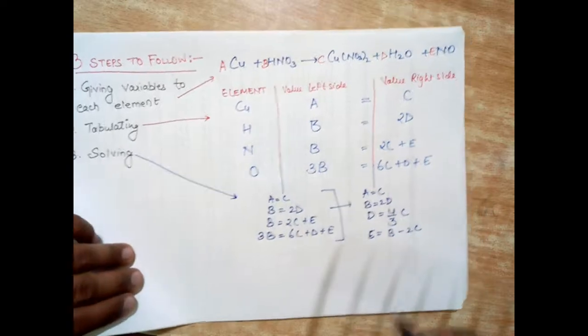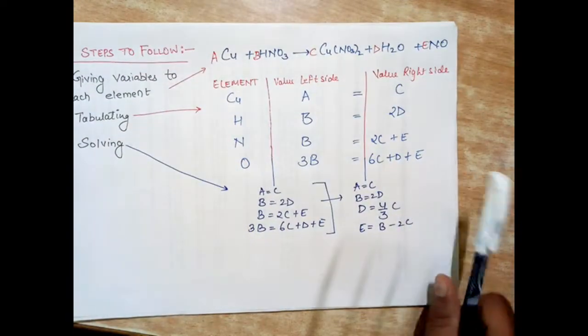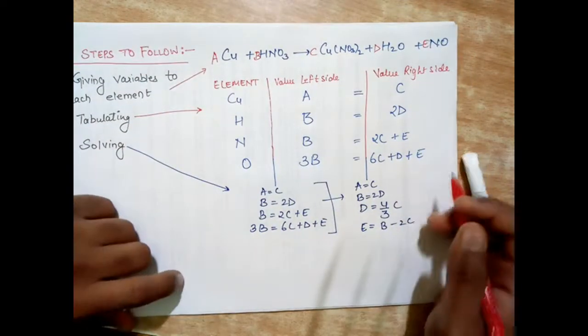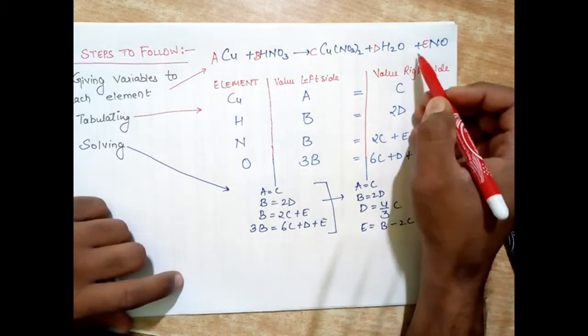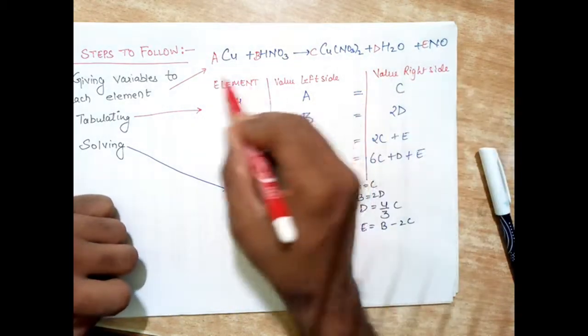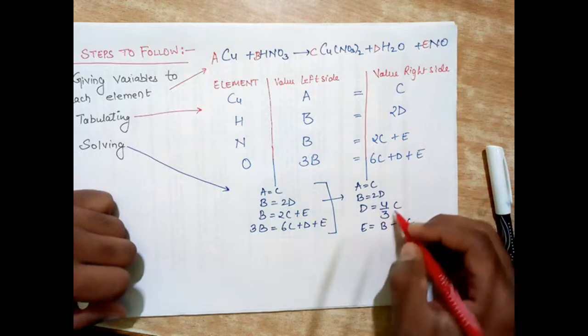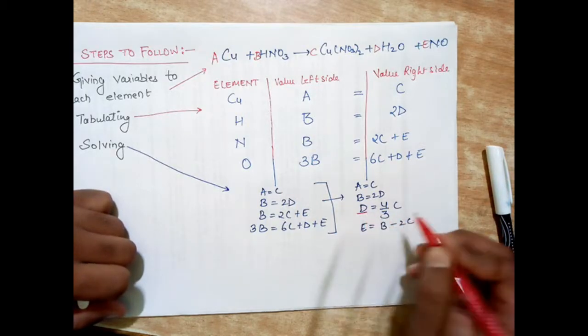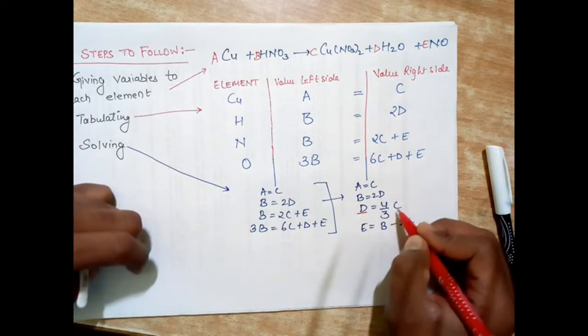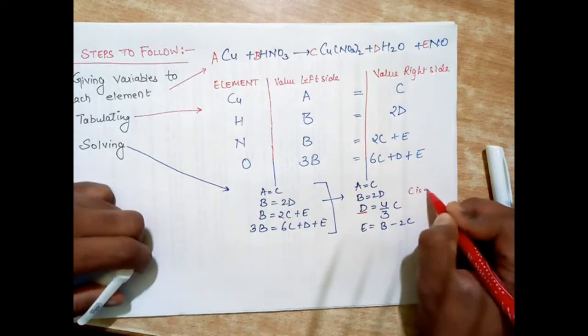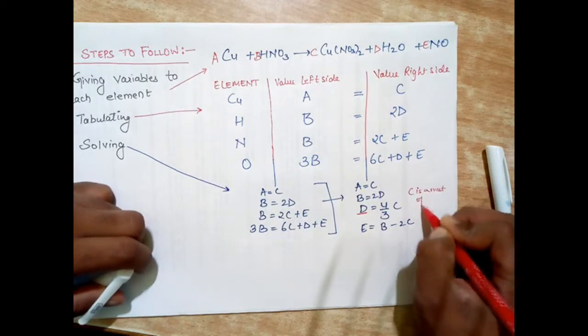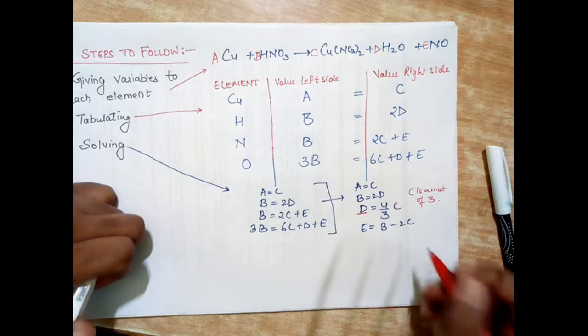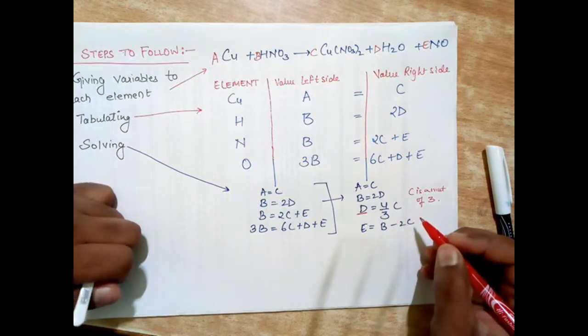Now what we are going to do is guess. It is obvious that we are going to use natural numbers for all these values. That means D needs to be a natural number, which is only if C is a multiple of 3. The least multiple of 3 is 3.